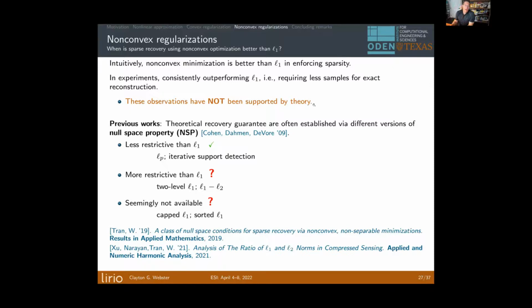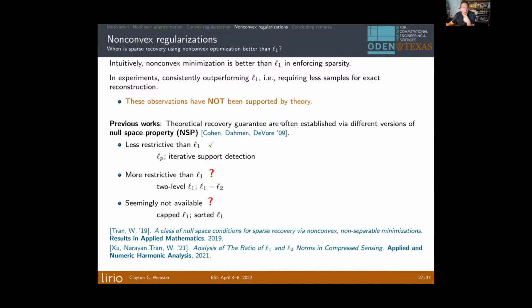There have been many numerical papers showing that various non-convex regularizations are better than L1 at enforcing sparsity. But this has really not been observed in theory, so we'll say a little bit about that.